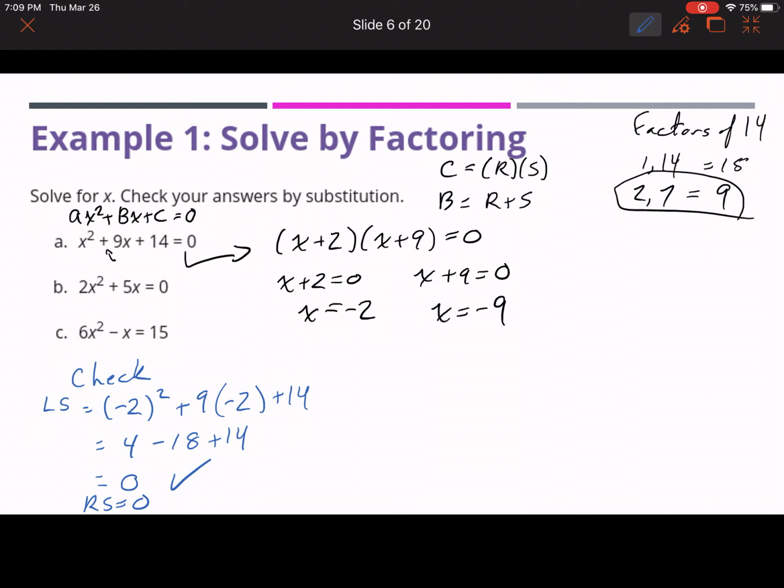And our second one, we want to check -9. So we have -9 squared.